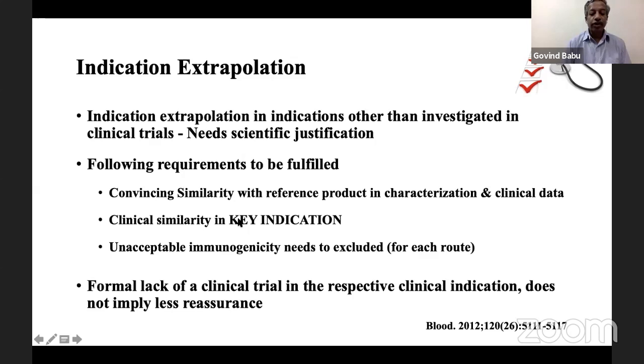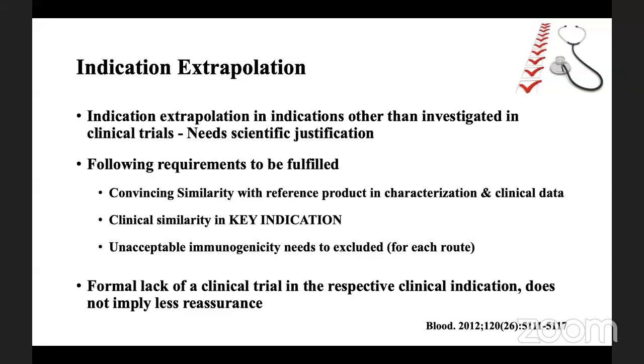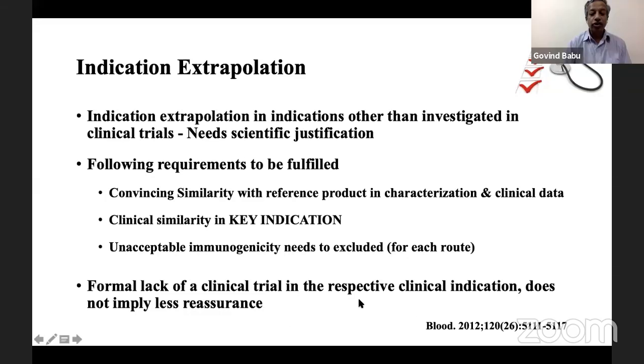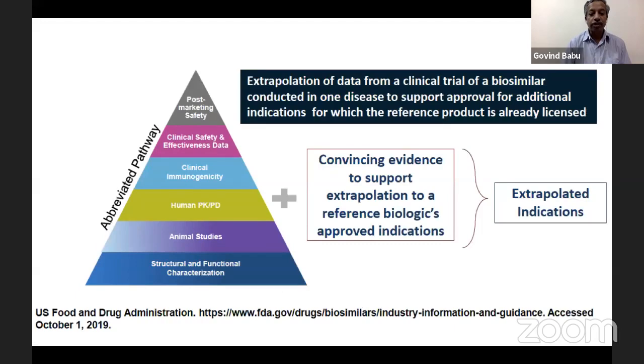So if a study is done in metastatic breast cancer, the similarity that is seen with the innovator in that indication is what is accepted. And unacceptable immunogenicity needs to be excluded for each route. Some of them may be an intravenous route and some a subcutaneous route, so the immunogenicity for both routes needs to be very similar. And the formal lack of a clinical trial in the respective indications. So again, this is just summarizing how this is done.